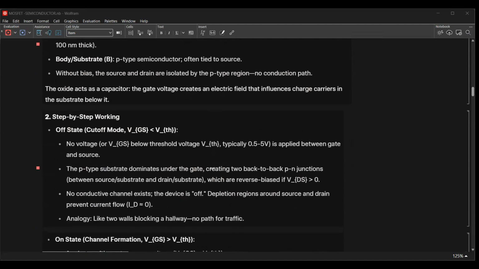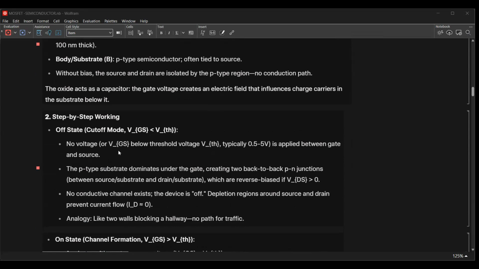Step-by-step workings: the off state or cutoff mode. Here we have the voltage from the gate to the source less than the threshold voltage. The threshold voltage is the minimum amount of voltage to make the electrons or holes flow in the channel.